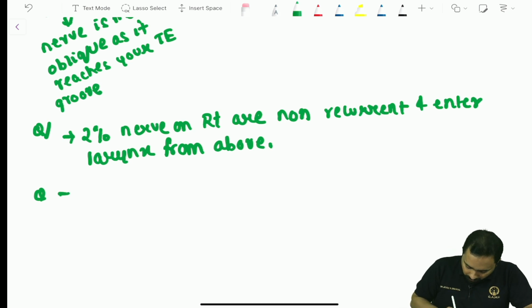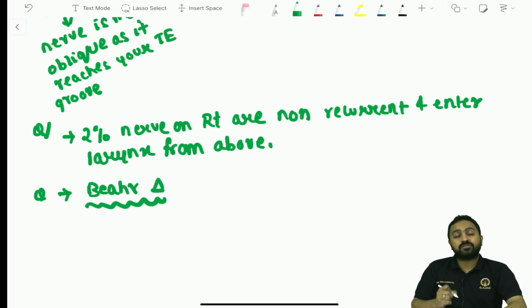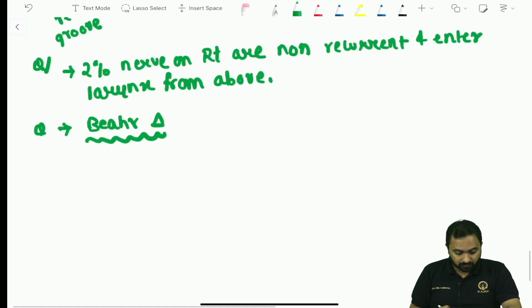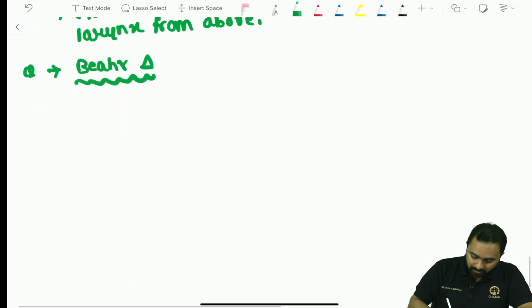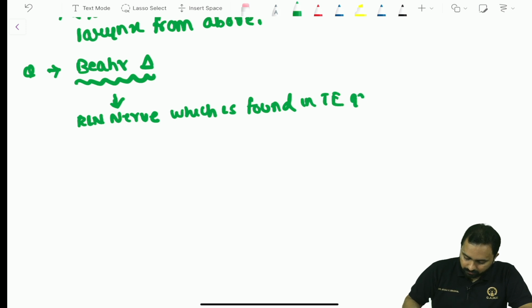And then another important thing that I want you all to remember is regarding your Beer's triangle. So this is a triangle which is used to identify your recurrent laryngeal nerve. So now what are this triangle's boundaries made up of? Now it is made up of your recurrent laryngeal nerve, which is found in your tracheoesophageal groove.